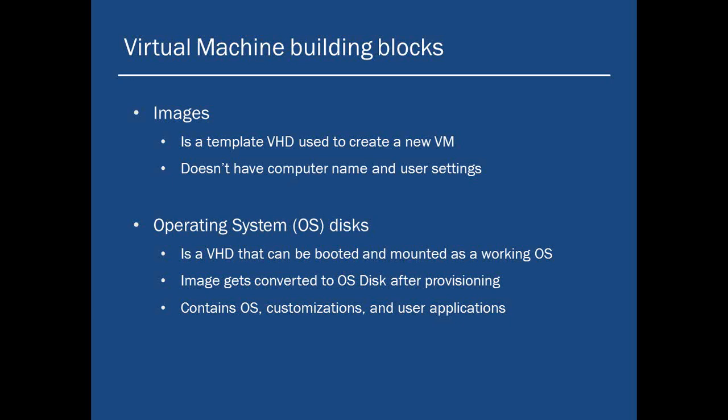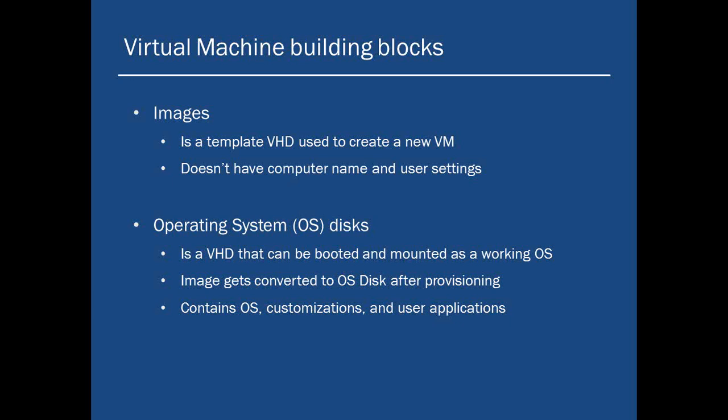This template will not contain any computer specific or user specific settings. This is a blank template having the OS components, but definitely not the OS customizations. So the image is a scratch or a base disk that you can think of, which is used to create a VM. So you use the image, you create a VM.